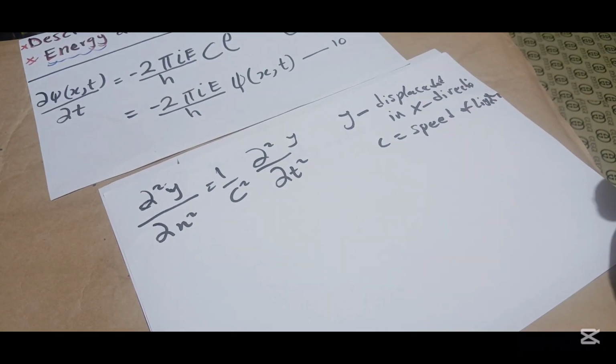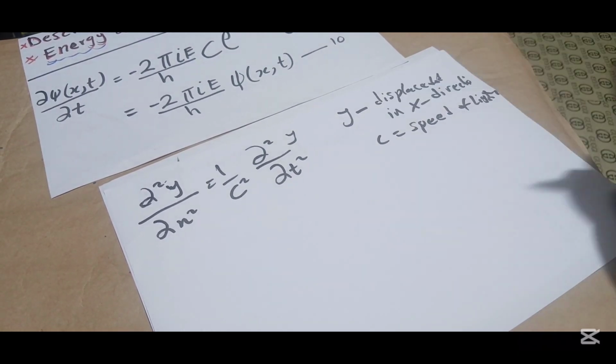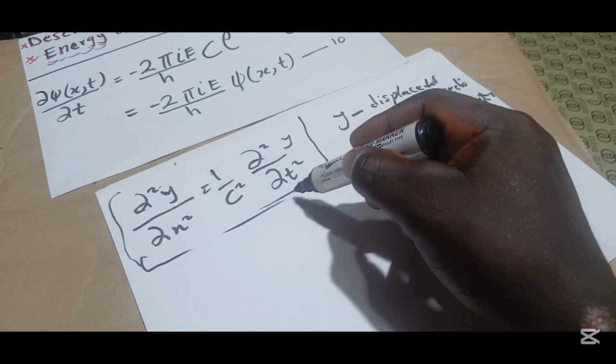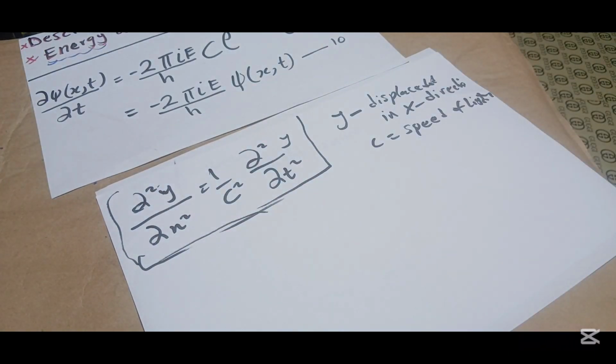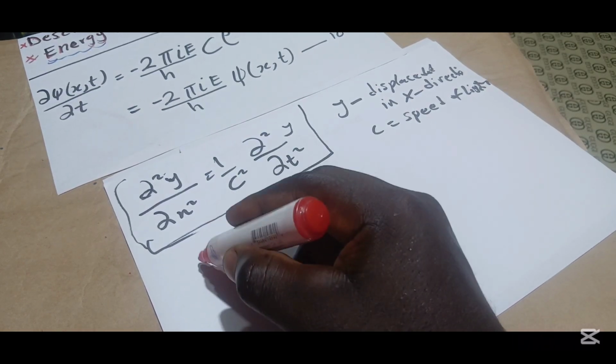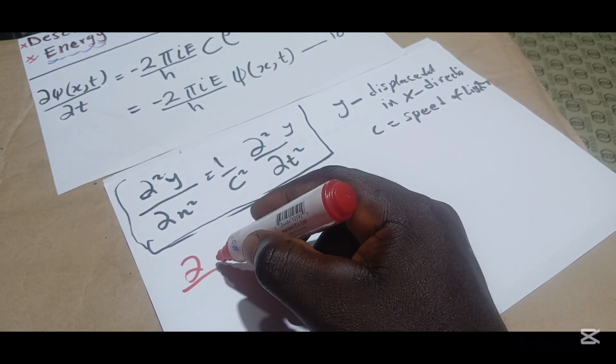Schrodinger took this equation, this electromagnetic equation, the differential form, and replaced the Y here, the displacement, by the wave function psi. Wherever we see Y, we replace it by psi.